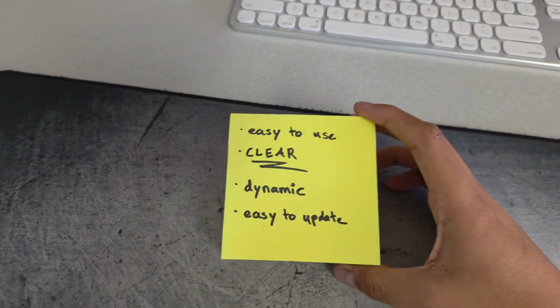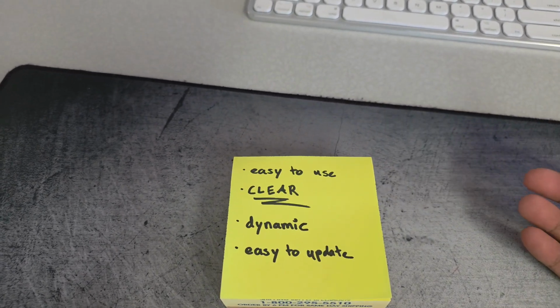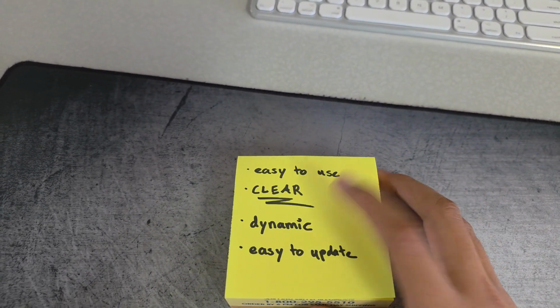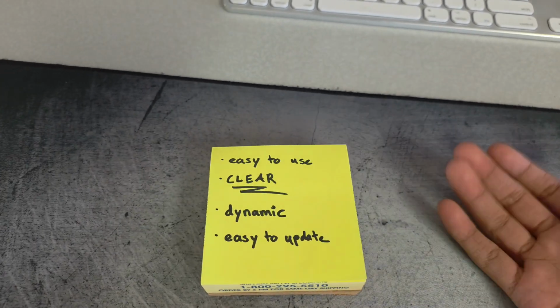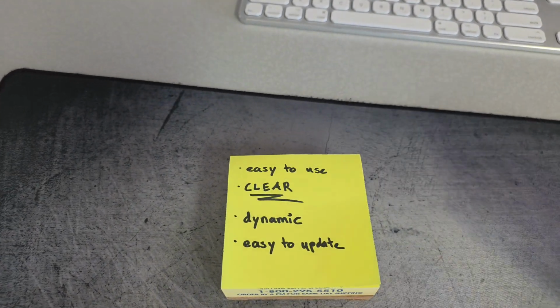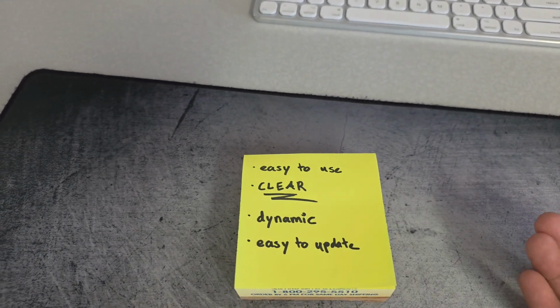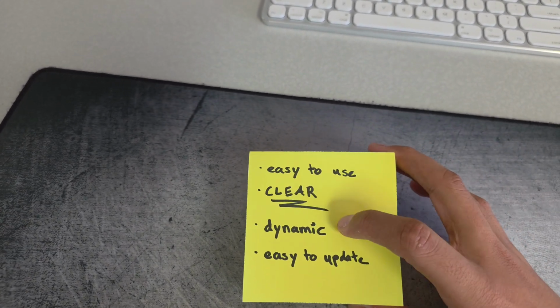So I want it to be easy to use. I want anyone to be able to change the status of the machine on the fly. Be clear. Someone should be able to come up to the machine, see that there's an issue, and know, okay, I need to go around this or do it on a different machine without having to ask anyone. It needs to be dynamic.